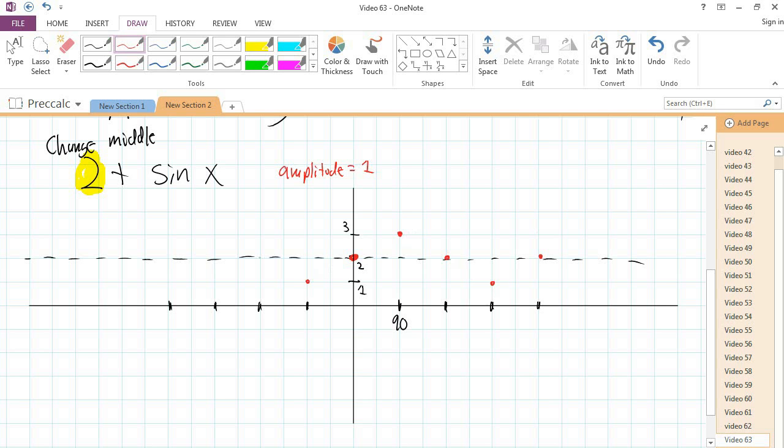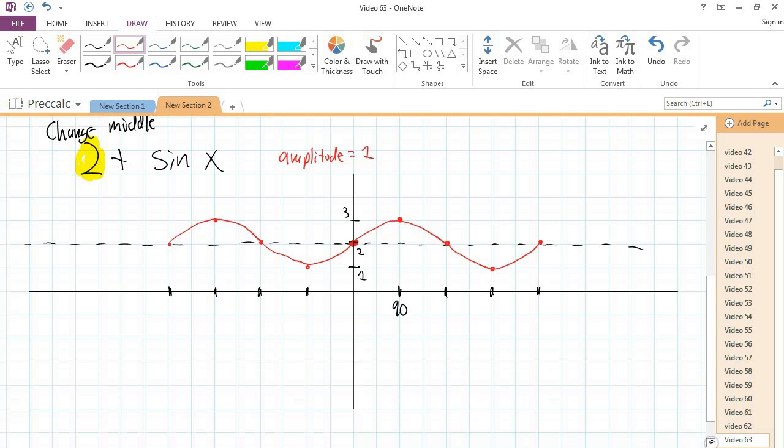And if I keep it going, there we go. So a vertical shift changes where the middle is. Okay? Let's look at another example.